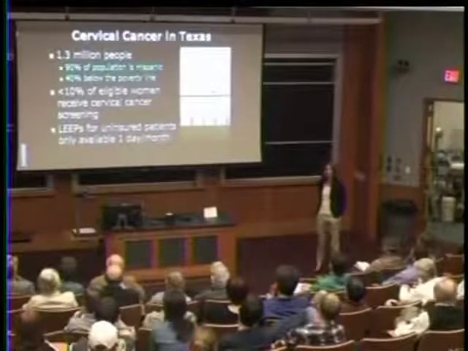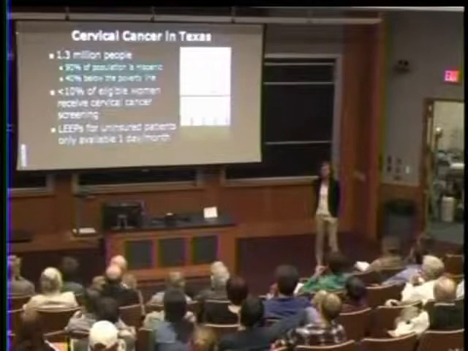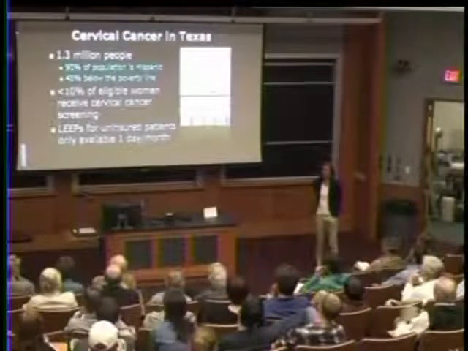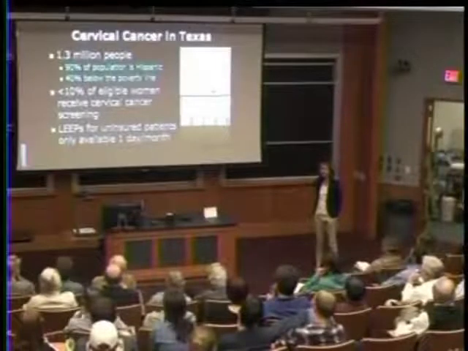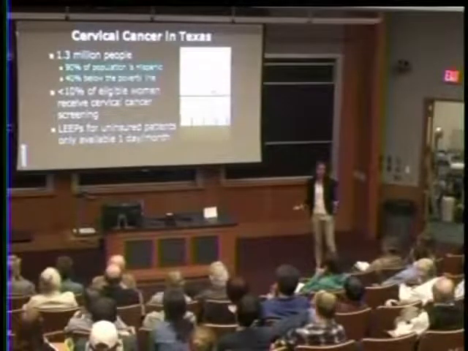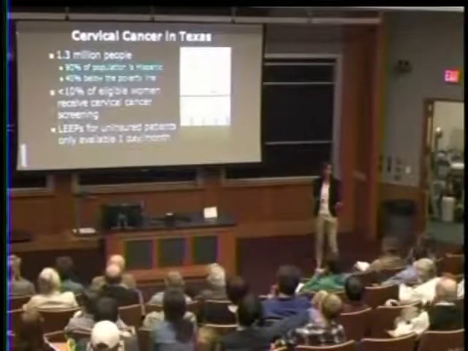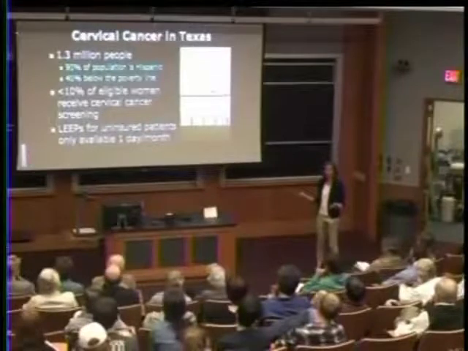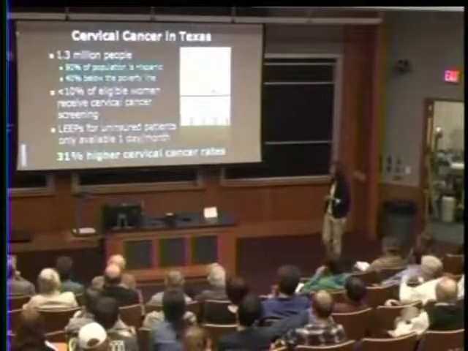In that population, fewer than 10% of women who should be getting screened for cervical cancer are actually getting screened. As a result, in the valley, we have 31% higher rates of cervical cancer than in the rest of the state. So this is a challenge in low resource settings, truly in a global context.